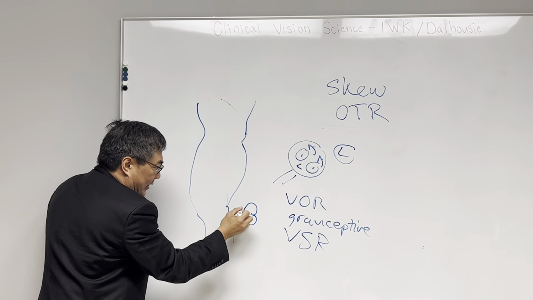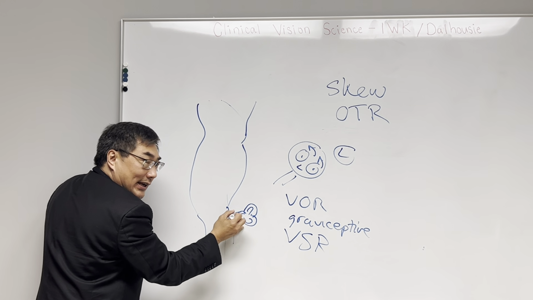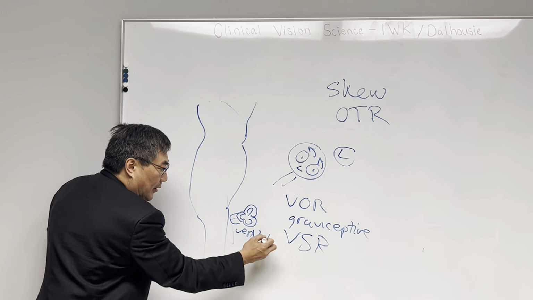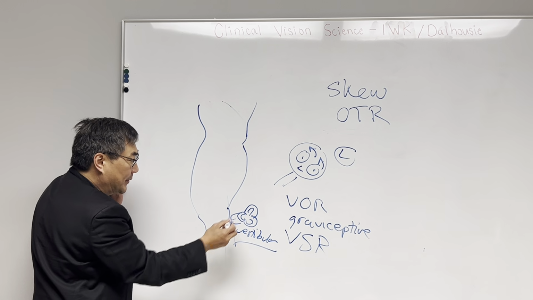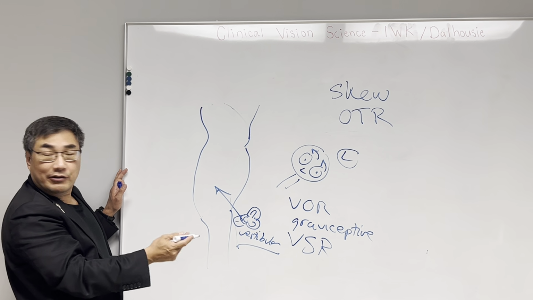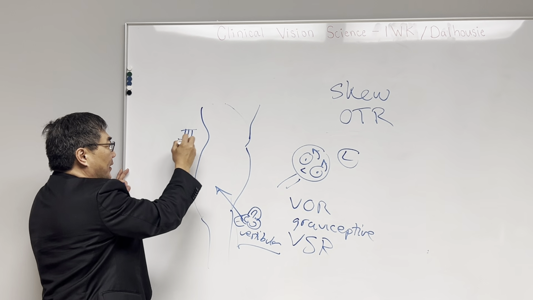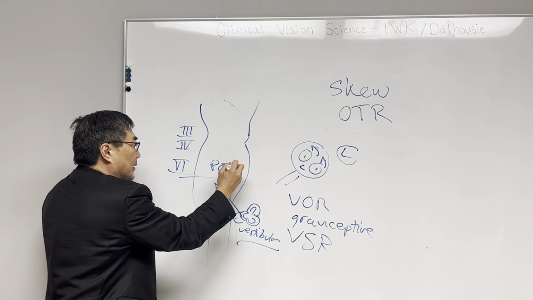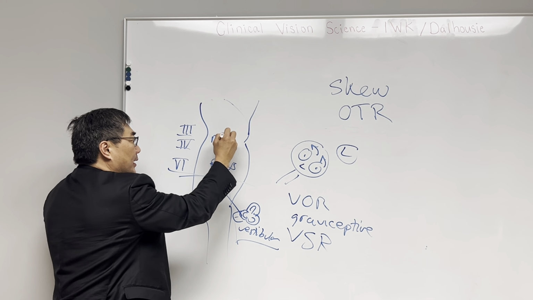And in your ear, there are these little semicircular canals, and the utricle, that is the vestibular part of the vestibular cochlear system that talks to your ocular motor nuclei, 3, 4, and 6. 6 is in the pons, 3 and 4 are in the midbrain.